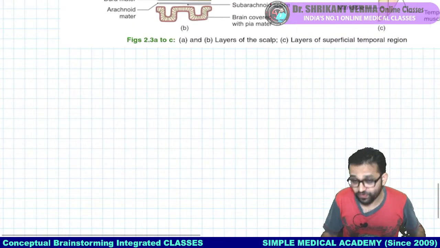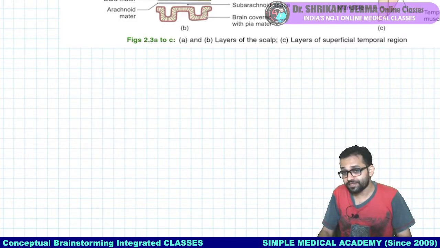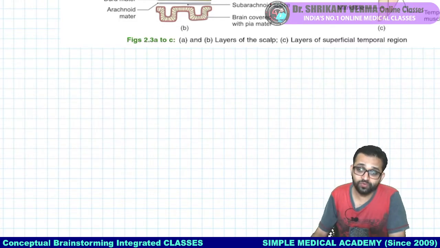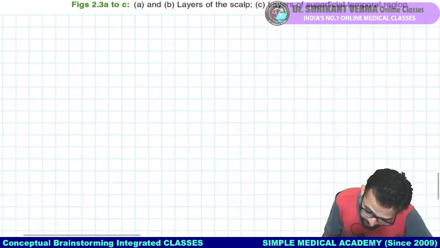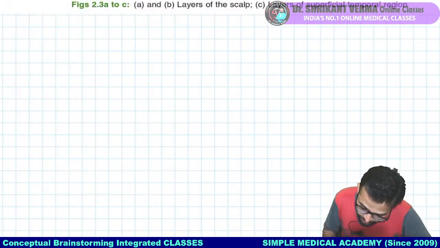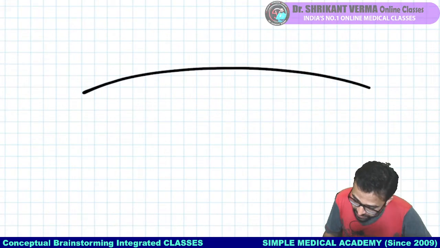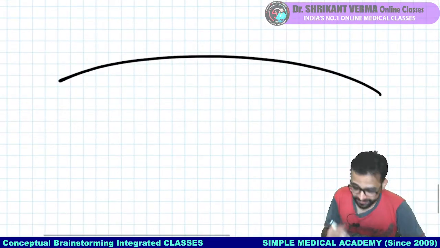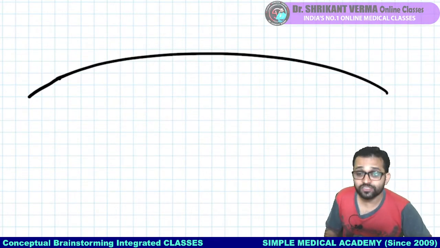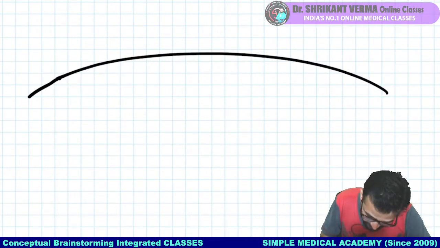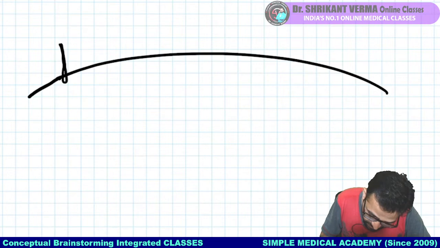So the first layer is skin. We are going to do our linear presentation, so make a diagrammatic presentation with proper color. Suppose we are doing dissection, so the first-most layer is skin. Yes, suppose this is our layer of the skin. As you know, one thing you have to remember, skin is rich in supply of hair follicles.